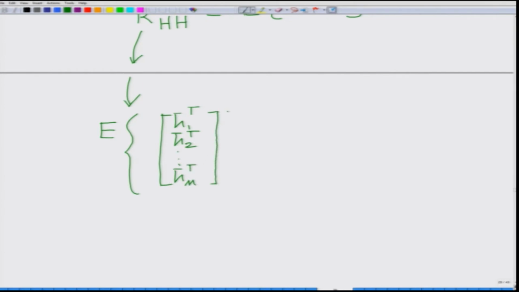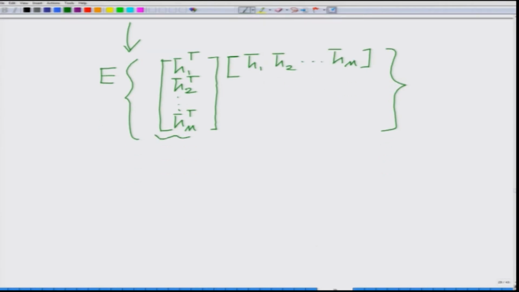So we have the product of H transpose, which is an R cross M matrix, with H, which is M cross R.